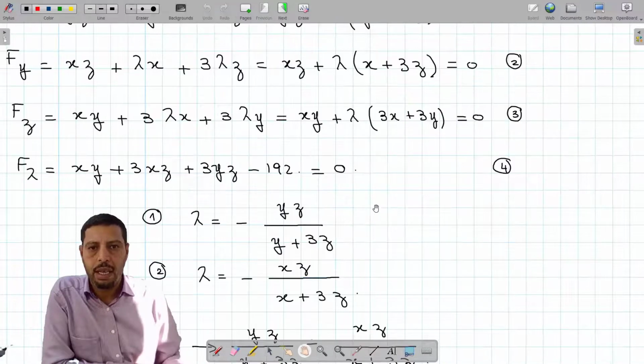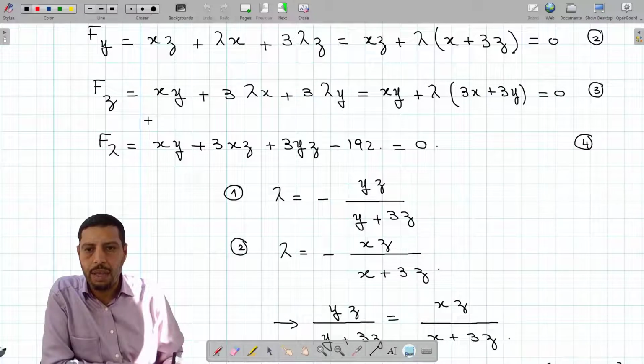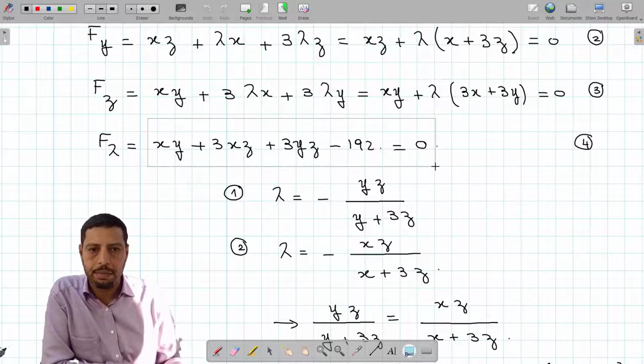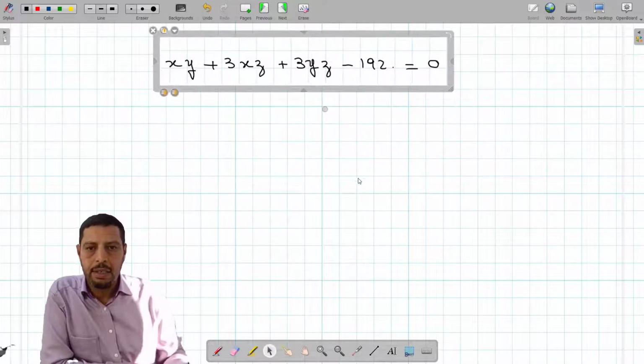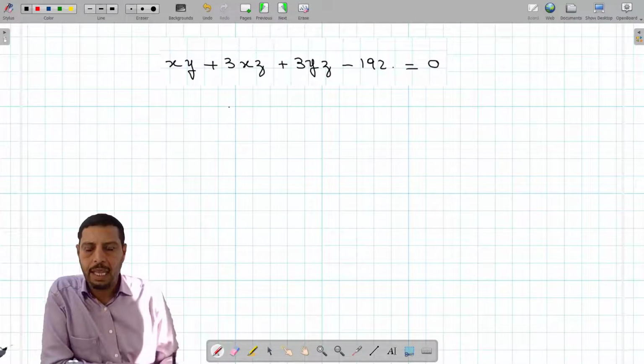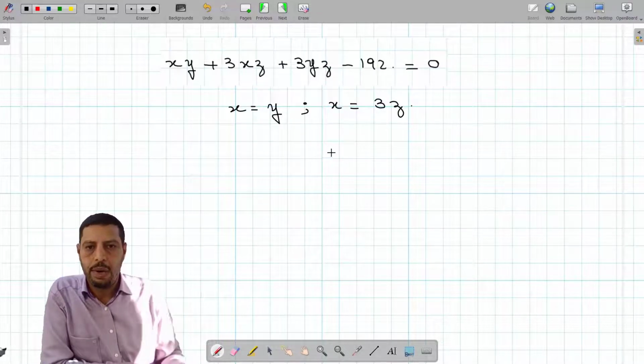So back to our system, and take the fourth equation, this one, okay. And here, keep in mind that you have x equals y and x equals 3z. We concluded this from the previous work, okay.